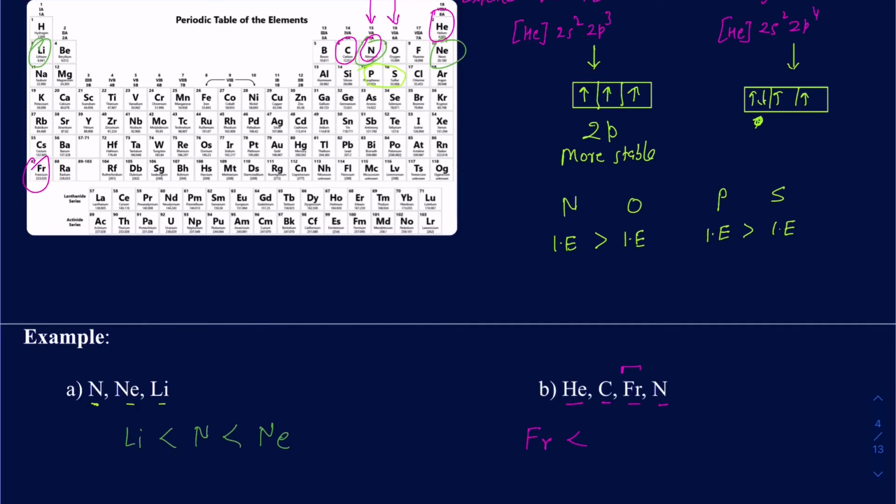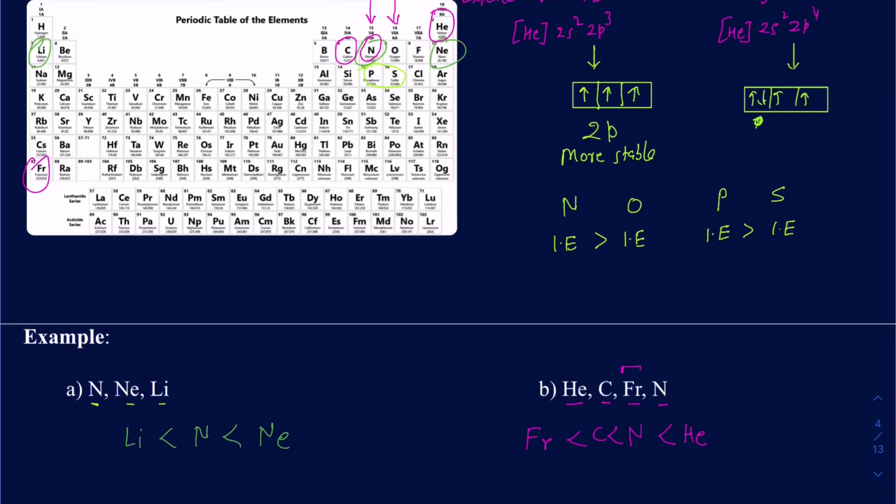It's a noble gas, so it's going to have a very high ionization energy. So helium, I'm going to put at the very end. Now, between carbon and nitrogen, since they are both in the same period, and as we know, as we move to the right, ionization energy increases, nitrogen is going to have higher ionization energy than the carbon.